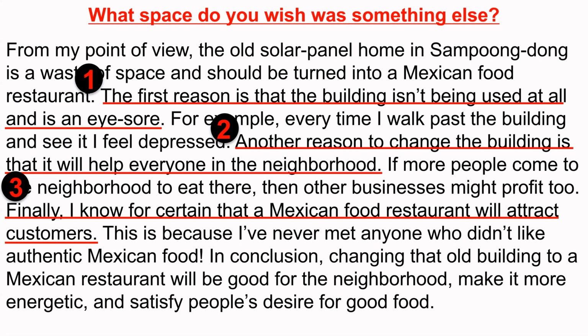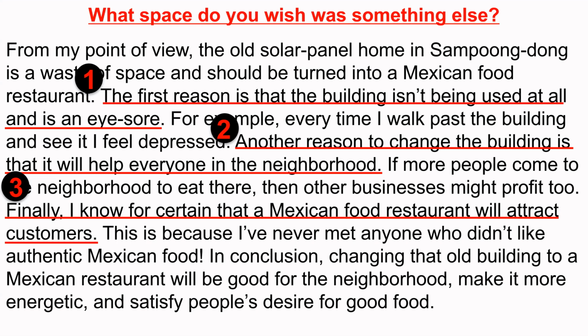All right, so we already said at the topic sentence that the writer feels that the building is a waste of space and should be turned into a Mexican food restaurant, and that we would be reading reasons why.